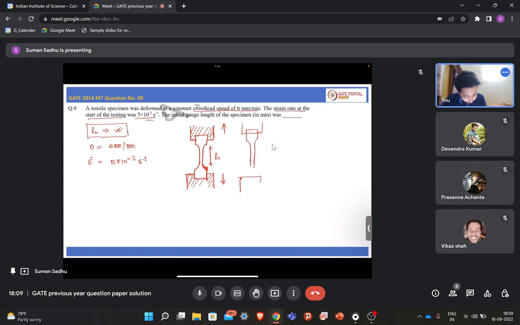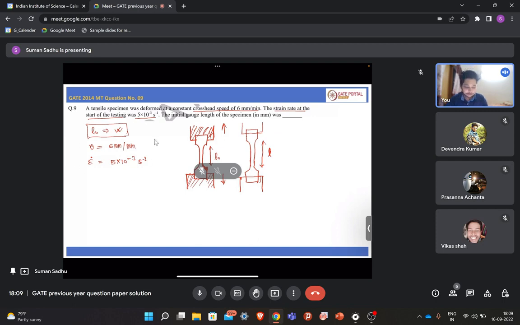Let's say this length is now L. Now you understand what crosshead speed is? V means the movement speed of these two holders or grips. Okay, so now can you try how to approach this question from the given data?